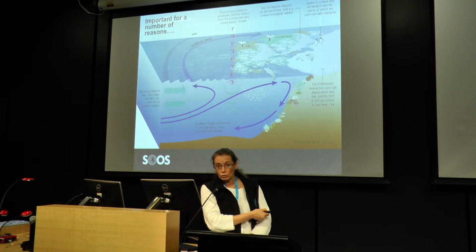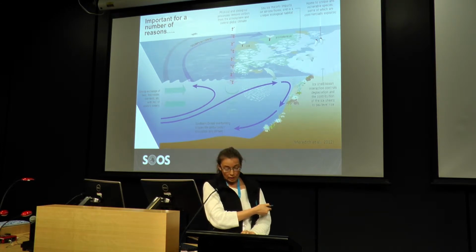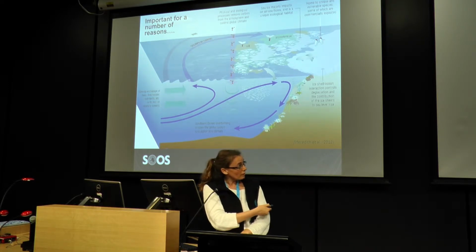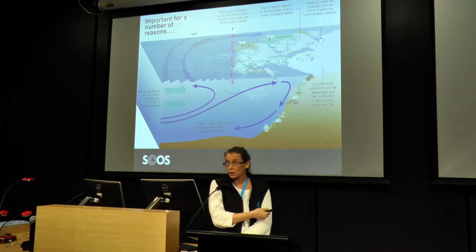There's also a lot of ice tied up on the Antarctic continent, and this ice is affected by the ocean. So the ice-ocean interaction affects sea ice and sea level rise globally. And this overturning in the Southern Ocean and sinking of dense water masses affects climate globally.